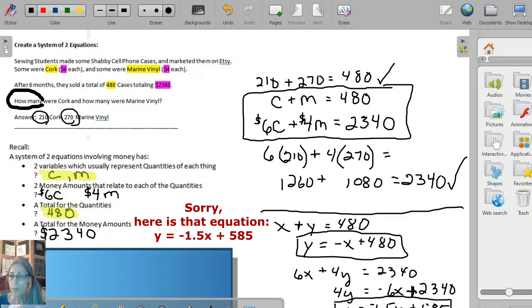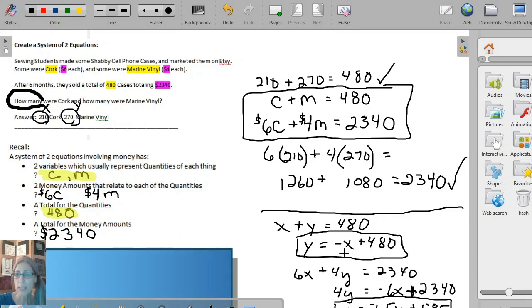And if we graphed both of these, our x, remember, is the 210, and our y would be the 270. That's where they should intersect. So let's go see that graph.